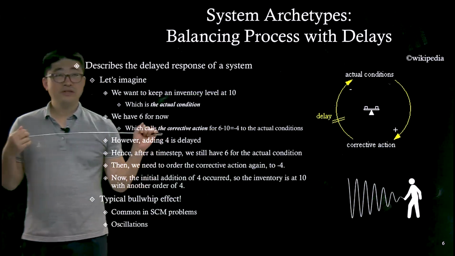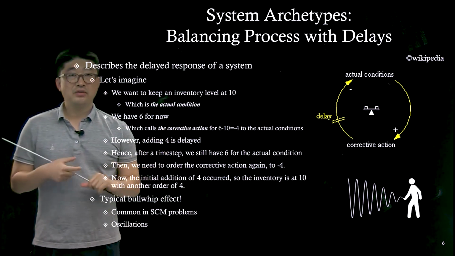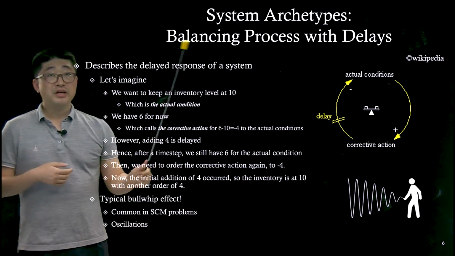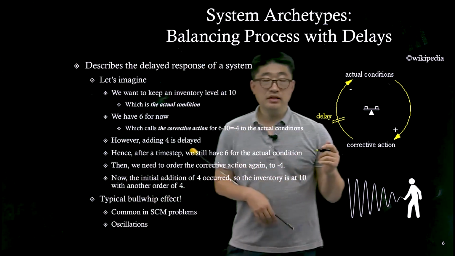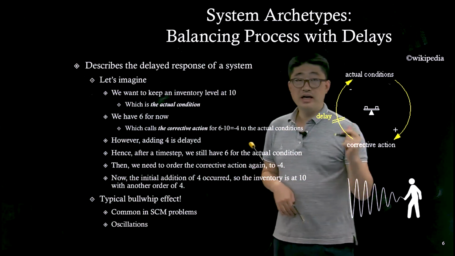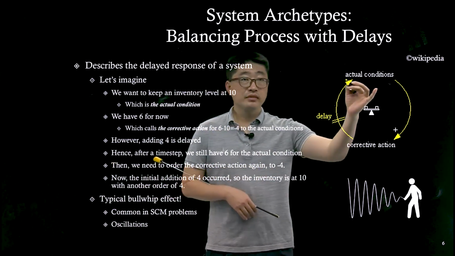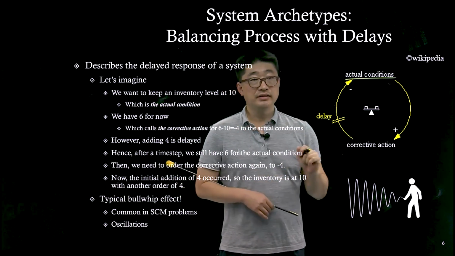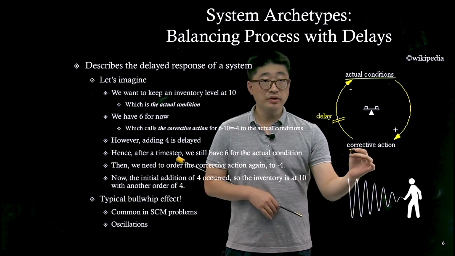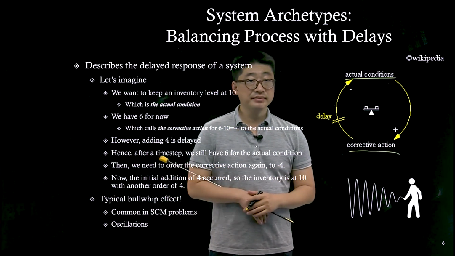Okay, now let's talk about the first, simplest archetype: balancing process with delays. Before we go further, let's observe how this system archetype is created. The actual condition is here, and that is one factor, and we have another factor, corrective action.